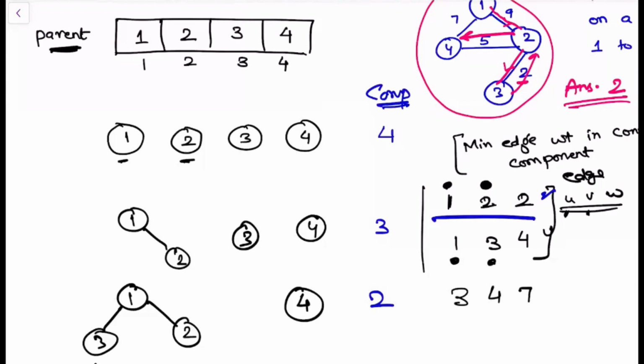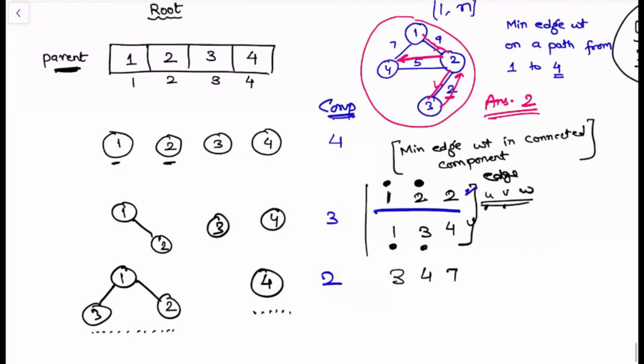So for 3, who is the parent? The parent is 1. Who is the parent of 4? The parent of 4 is 4 itself. Earlier we were talking about joining U and V, but actually what we do is join the root of U as parent of the root of V. This is the idea you will keep in mind.